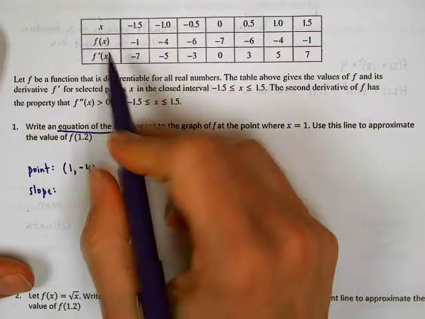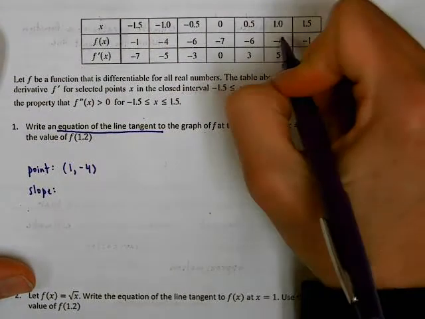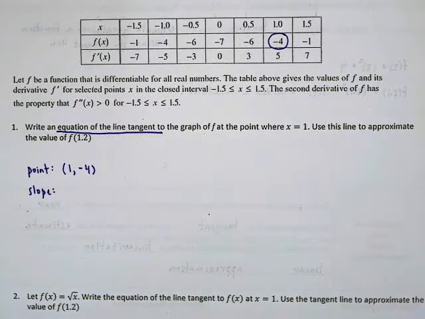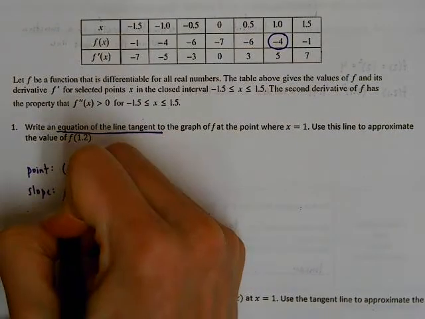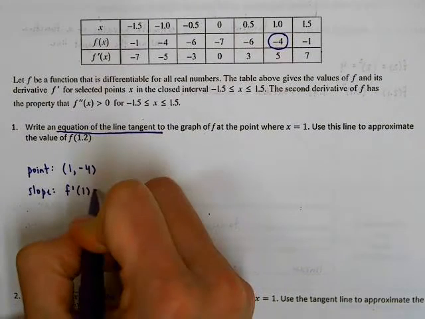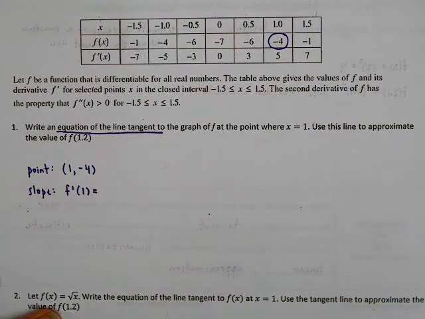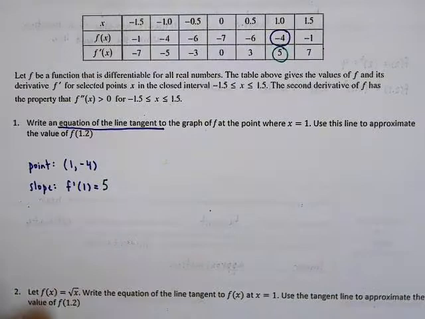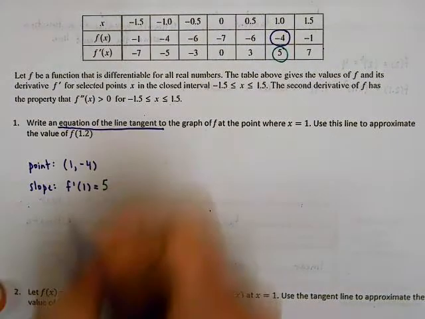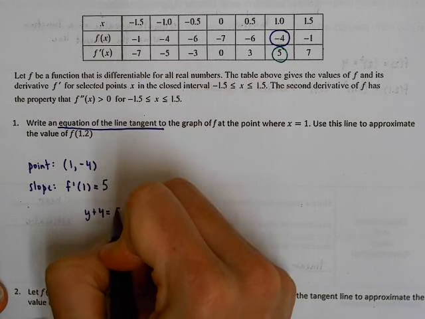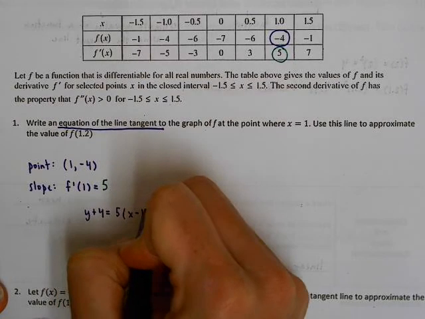And I got that from f of 1 gives me a y value of -4. Now my slope, I need f prime of 1. So again, I'm going to go to my table, and f prime of 1 is going to give me a slope of 5. So my tangent line then is going to be y plus 4 equals 5 times x minus 1.